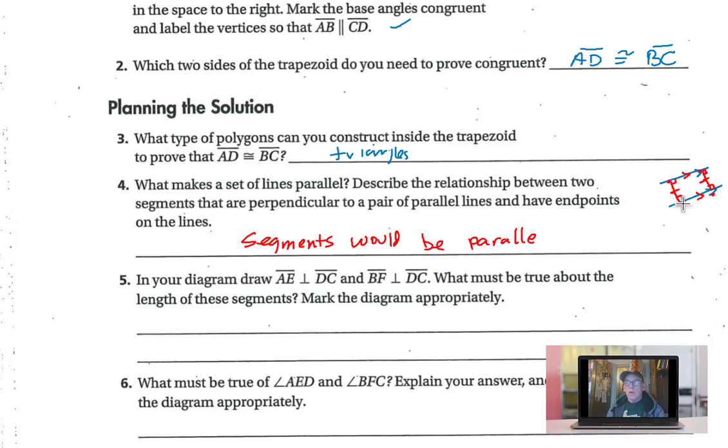Perpendicular to a parallel line gives you the vertical line. Say if your parallel line was horizontal, perpendicular to another line that's also horizontal would be another perpendicular line. So these two lines would be parallel to each other. Segments would be parallel and congruent.